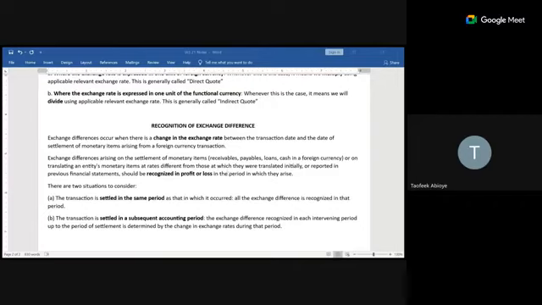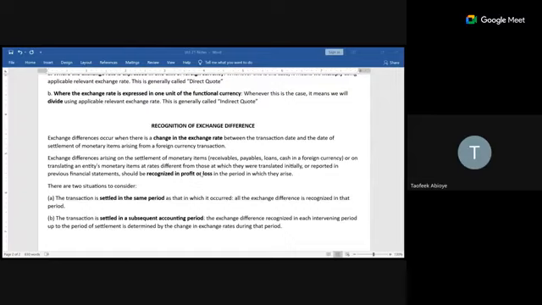When there is an exchange difference on settlement of monetary items, it will be reported in a different period, in the previous financial statements, not the same period.